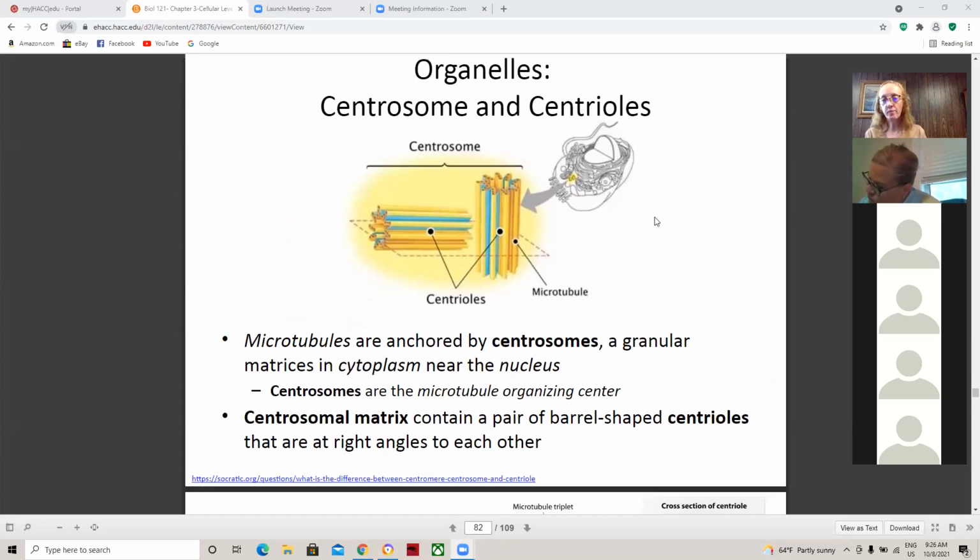The centrosome, remember, is what forms the microtubules. Contained within it are centrioles, which are made of 9 triplets of microtubules.